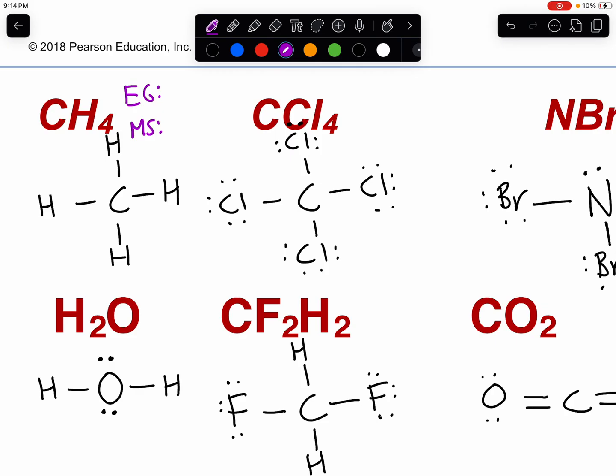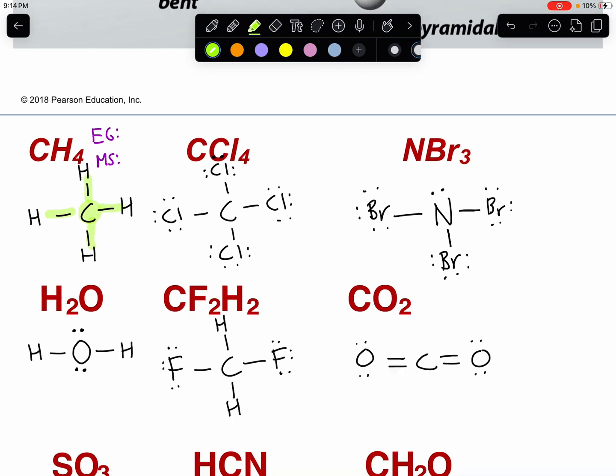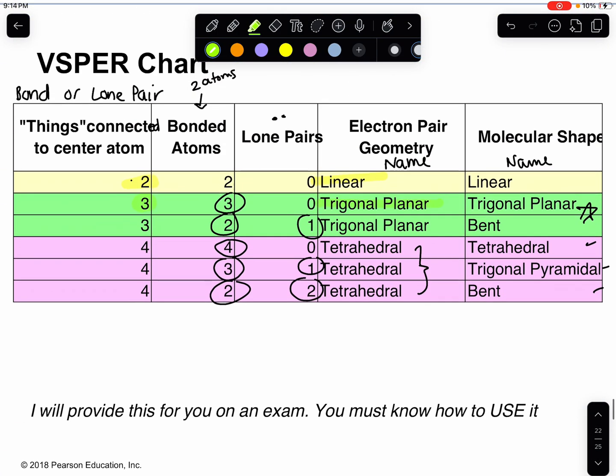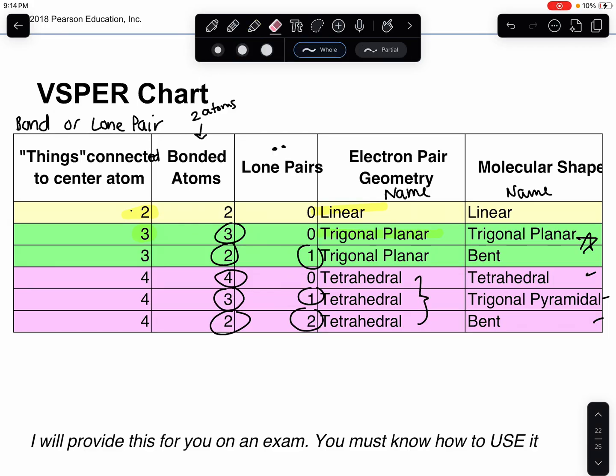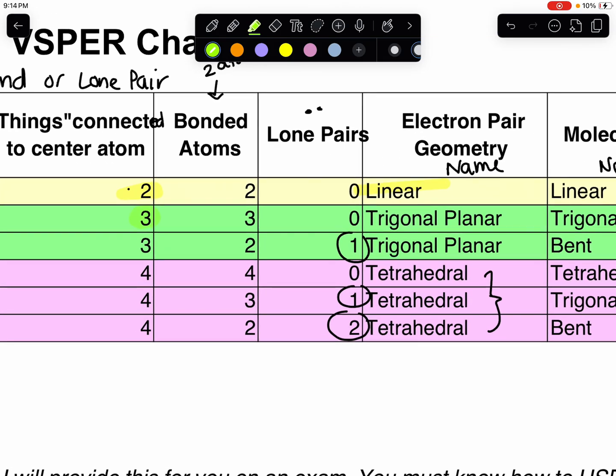I'm just going to go ahead and use these acronyms here for this, and we're going to do it for each one. So the way to do this is you ask yourself how many things are on the center atom. In this case, there are four things, and you want to ask yourself a second question: are they all bonds or are they lone pairs? So for CH4, there are four things attached, and they are all bonds. So we're going to be flipping back and forth here quite a bit. I do apologize.